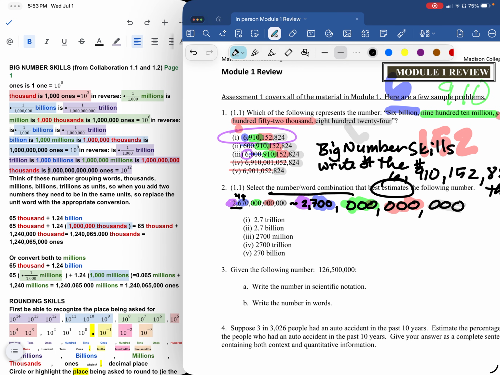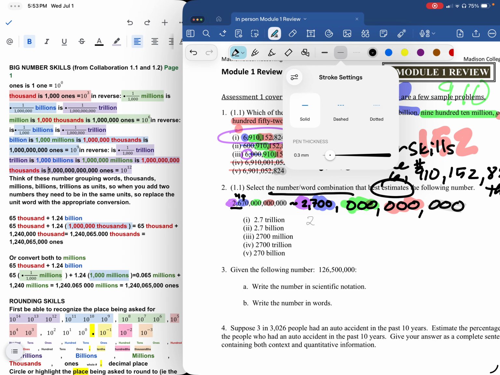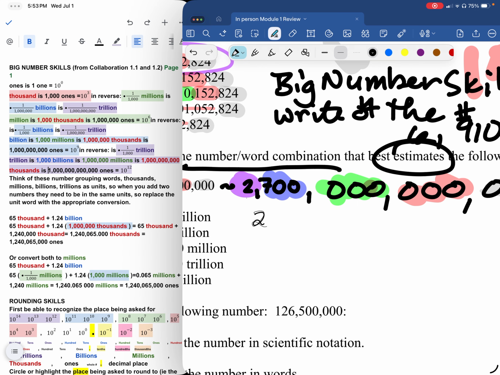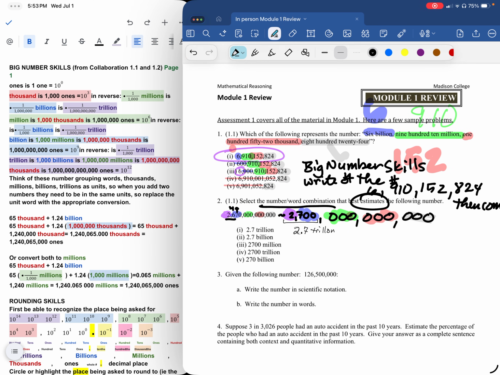So this could be 2. 2's in trillions. So this could be 2.7 trillion. Or I can go this many, and it's billions, because I'm left with 3 sets of zeros.